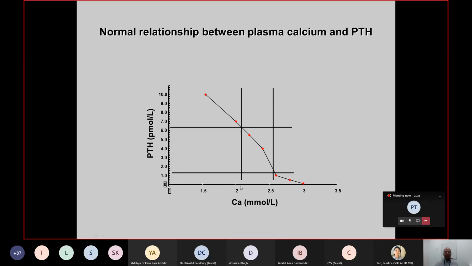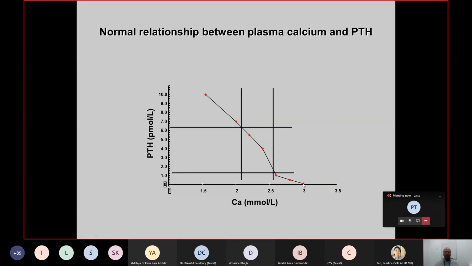The two vertical lines indicate the reference limits for serum calcium, and it varies between labs around 2.10 to 2.55 or 2.60. And for PTH, again, when you measure it in picomoles per liter, around 1 picomole per liter is the lower limit. The upper limit can be anywhere between 6, 7 or 8 picomoles per liter. So the reference interval depends on the assay and the population. I'll come back to that.